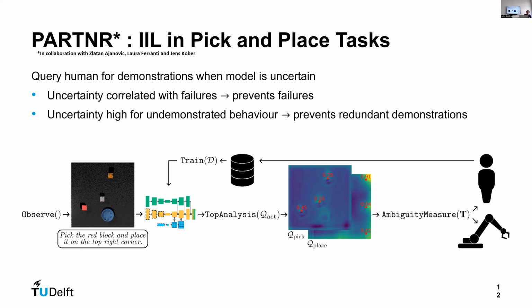So the human output is basically 1 at the pixel location where it's picked and 1 where it's placed, and then we have our distribution output by our model, and we calculate a loss between these two distributions. In our case, we use the cross entropy loss.